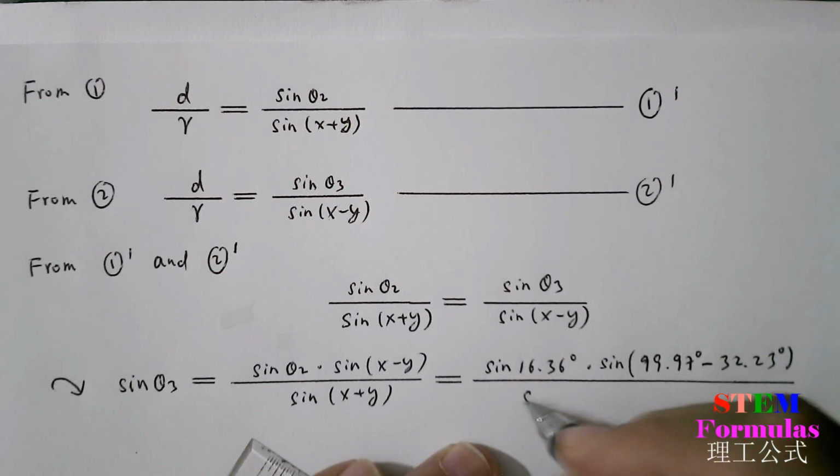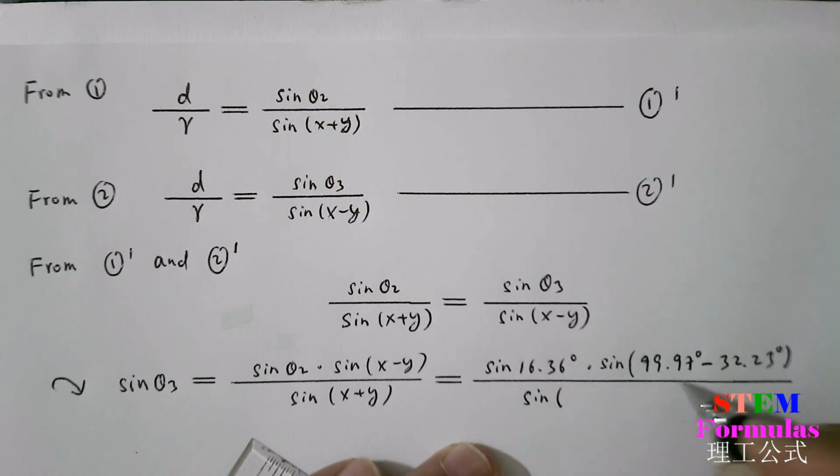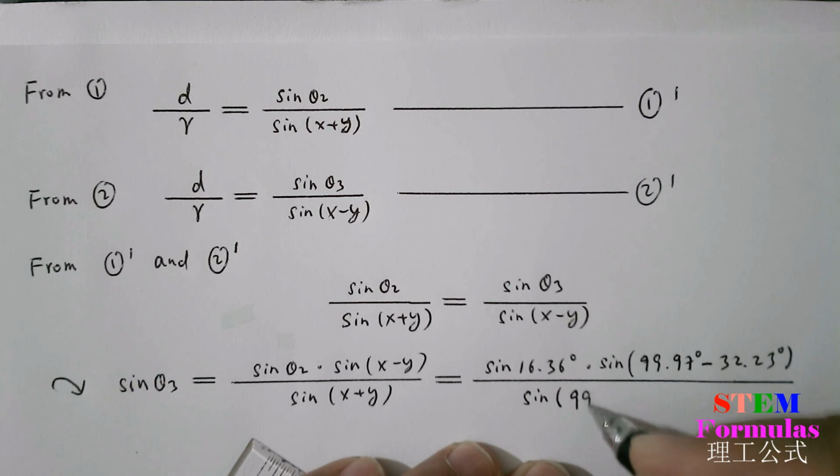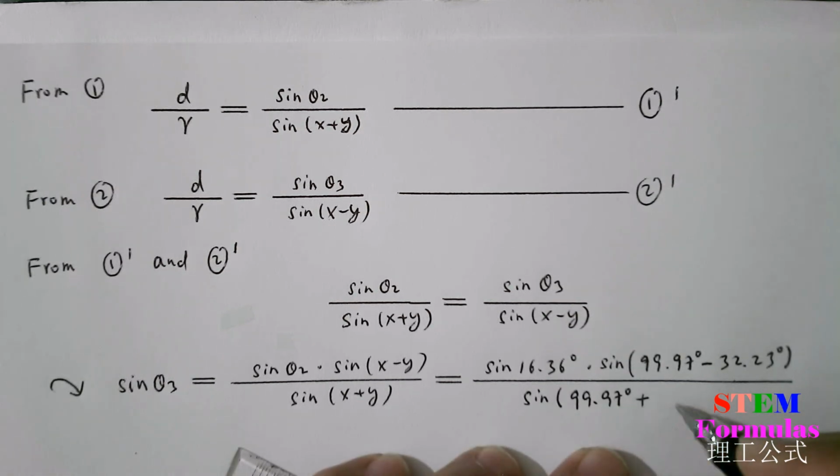So divided by sine x plus y, so 99.97 degrees plus 32.23 degrees.